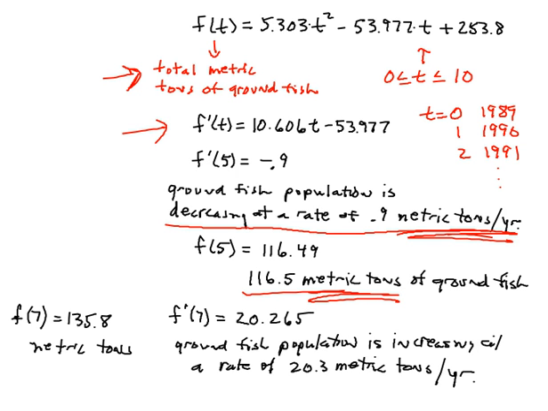And again, also notice the units. The original function is calculating total metric tons of groundfish, but the derivative is calculating tons per year, a rate, how fast it's changing. Remember, the derivative is a slope, a rise over run, a change in the functional value with respect to its independent variable. So be careful to keep the units straight, keep track of what the functions are giving you.